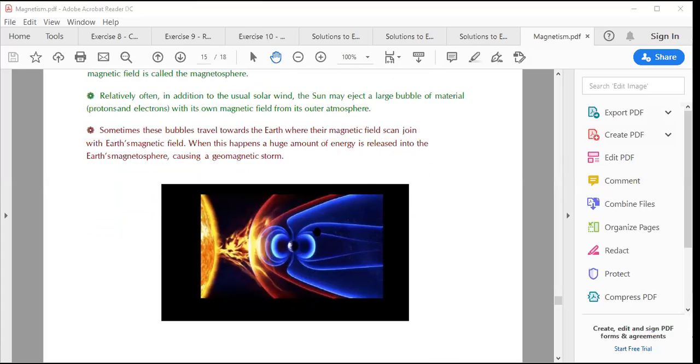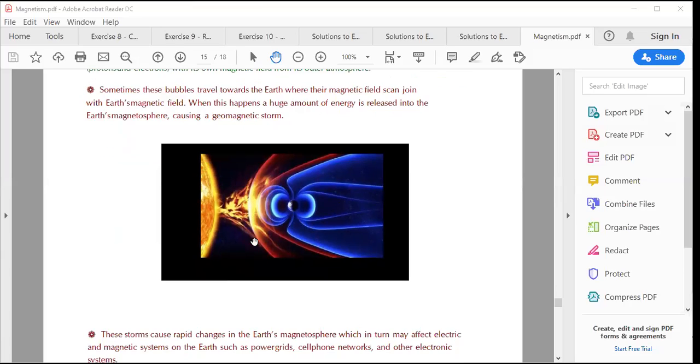The magnetic field from the Earth and the other one from the sun interfere there, all right? Those solar winds happen in outer space, and if some of them reach the surface of the Earth, they can cause trouble.